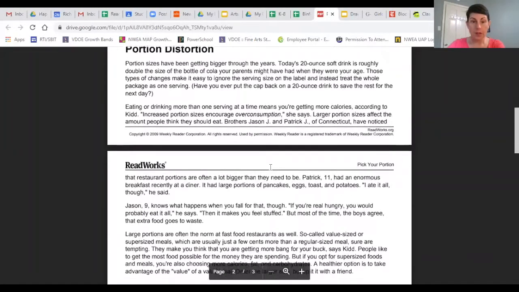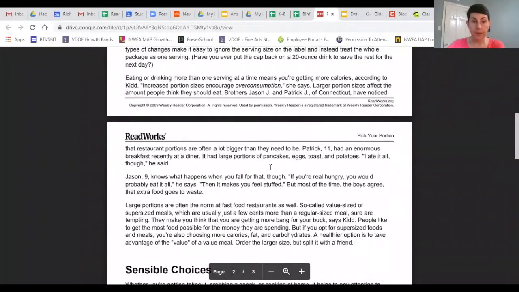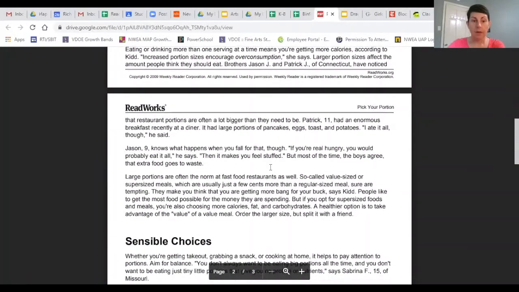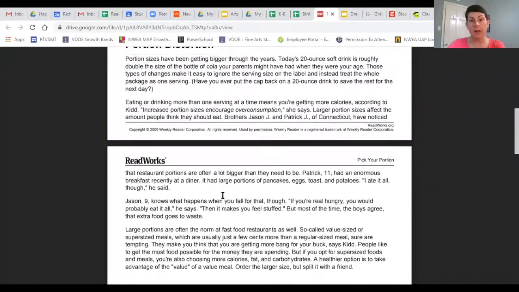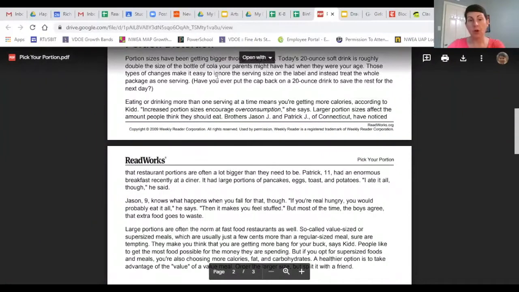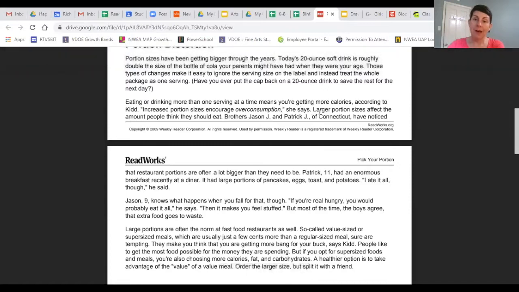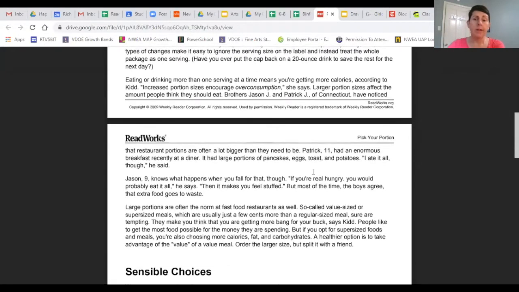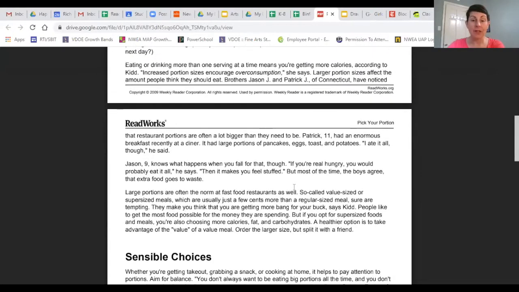As I continue to skim, I'm looking at how the portion size has gotten larger, and that a 20-ounce drink actually has multiple servings inside the drink. And then I look at how this paragraph talks about how larger portion sizes affect how much we should eat. And then these 2 accounts from an 11-year-old and a 9-year-old brother saying that they've eaten every single thing.